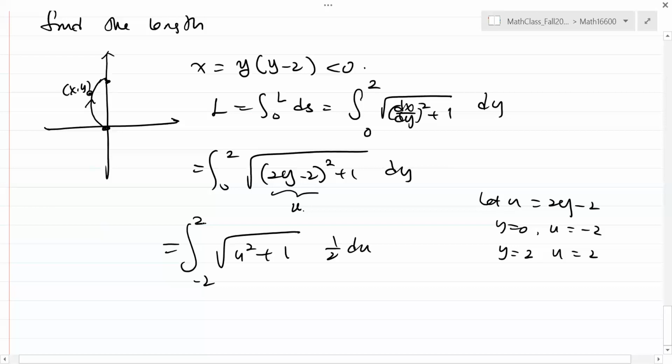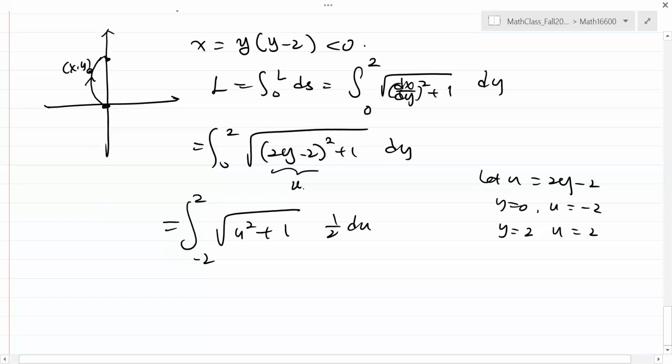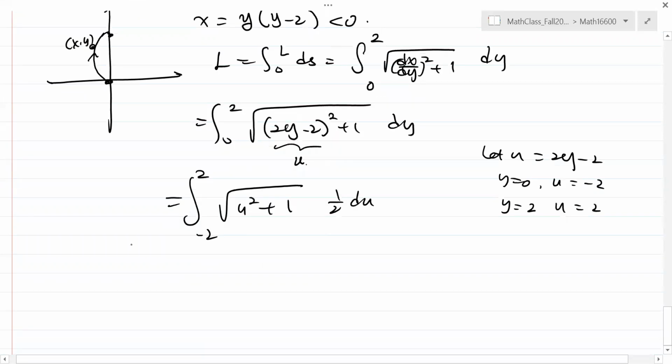I know that hyperbolic cosine squared minus hyperbolic sine squared equals 1, so you can use that to solve the problem. You can also use 1 plus tan squared equals secant squared. But here we just look at the book. There's a formula in the book, formula number 21. You can find it.